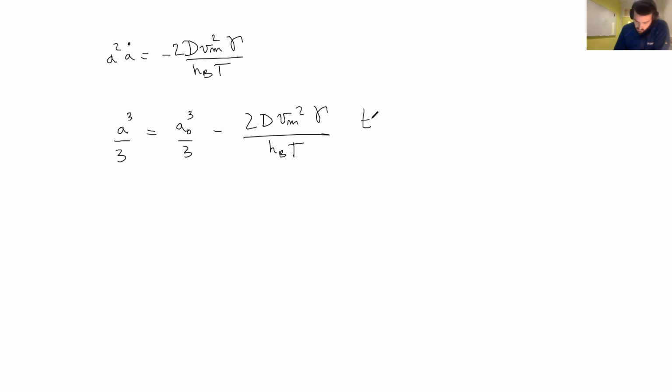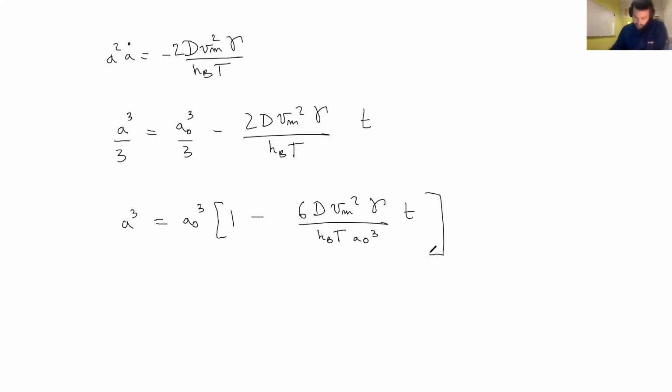And I can, if I want, I will do it at the next line. A cube is equal to A0 cube times 1 minus 6t Vm squared gamma over kBT A0 cube times t. Okay.